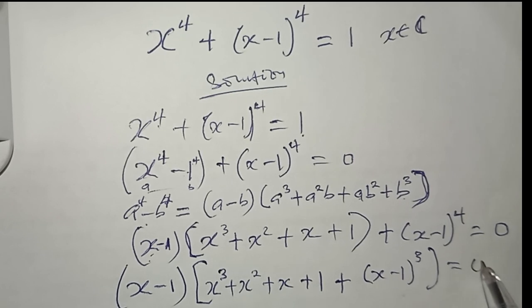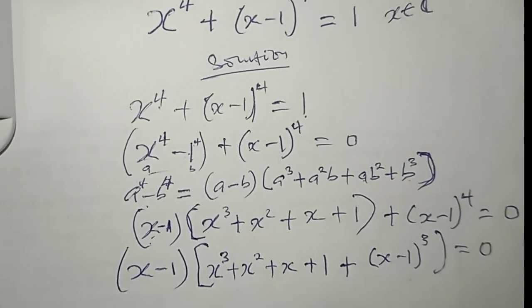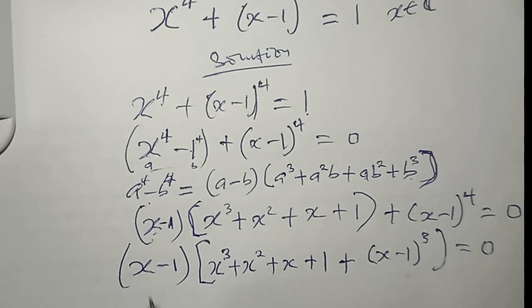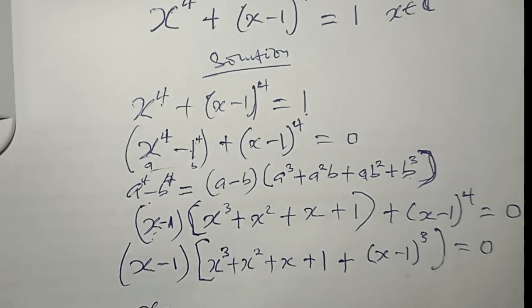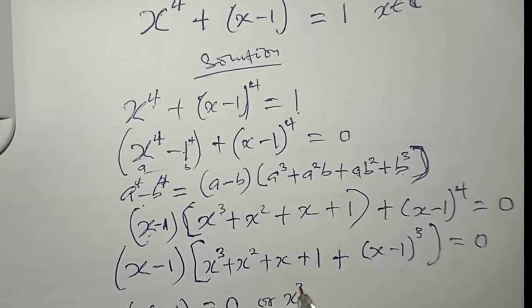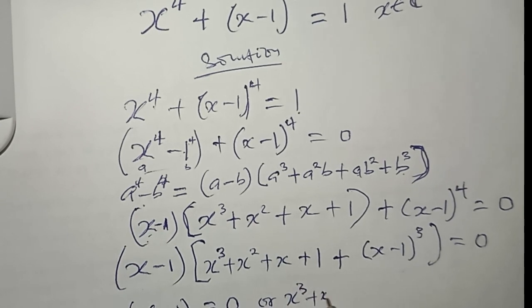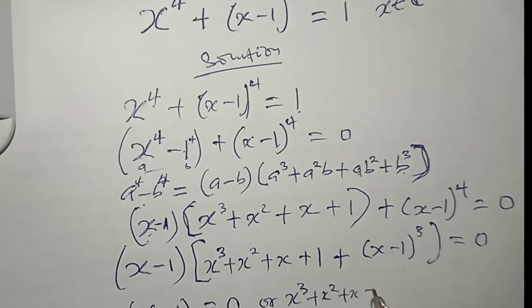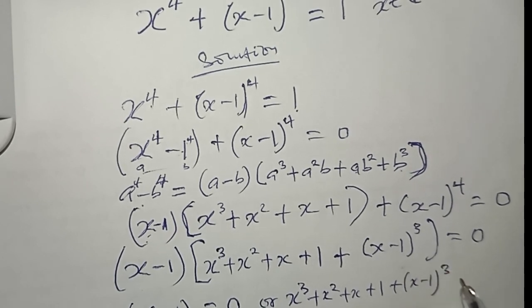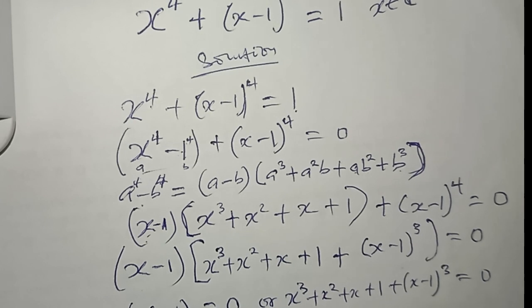And of course it's equal to 0. So using the zero product rule, you can see here that the first expression x minus 1 is equal to 0, or the second one, x cubed plus x squared plus x plus 1, and then plus (x minus 1) power 3, is equal to 0.